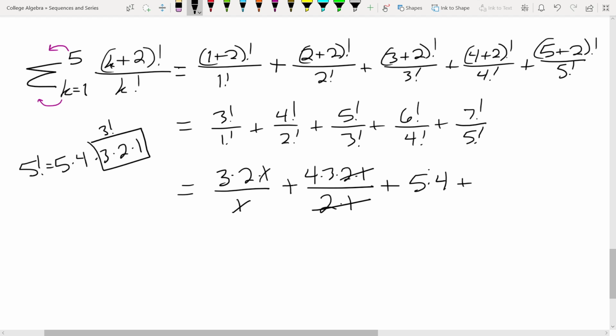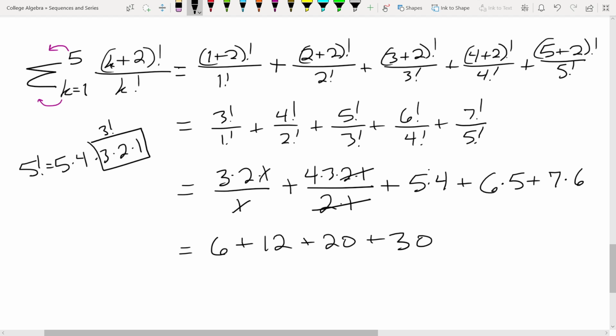And 6 factorial over 4 factorial is going to be 6 times 5. And the last one's going to be 7 times 6. Okay, 3 times 2 is 6, 4 times 3 is 12, 5 times 4 is 20, 6 times 5 is 30, and 7 times 6 is 42.